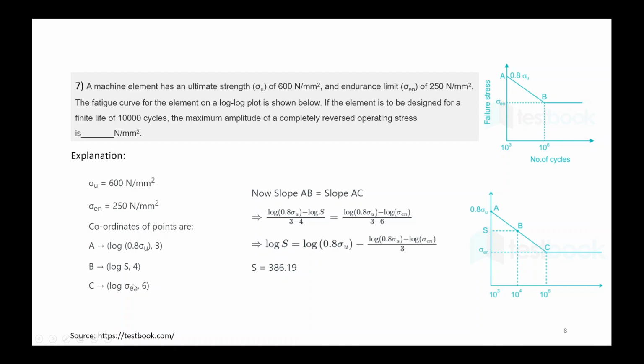C will be log of the endurance limit, 250, at 6 for 1 million cycles. Based on the previous equation, using the same y2 minus y1 upon x2 minus x1, we find that the stress will be 386.19.